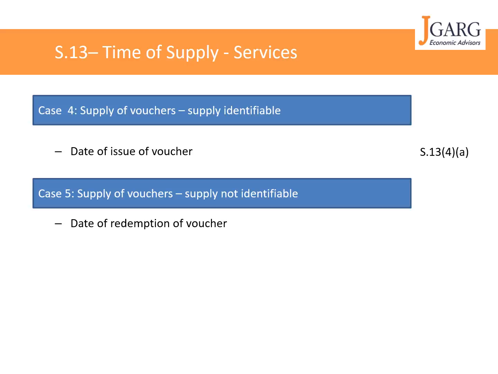Let's say you are issuing a voucher of 2000 rupees, and that voucher can be redeemed against any product in your shop, or any of the services which you are providing. Then, as the supply is not identifiable, the date of redemption of voucher will become important.